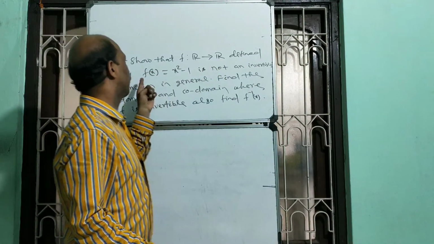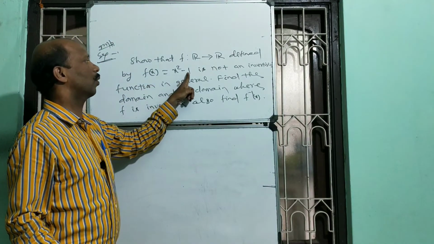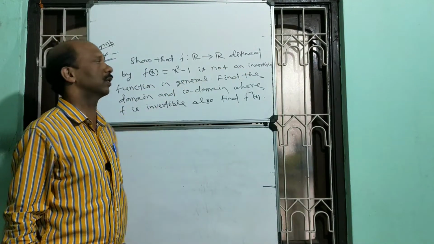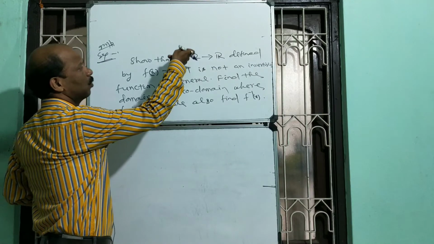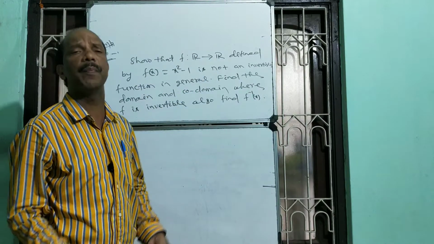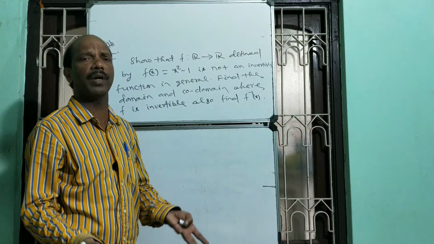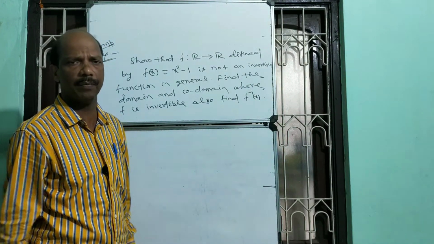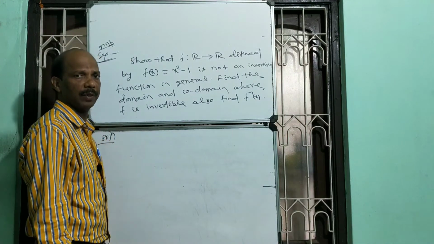Here the function defined by f of x is equal to x square minus 1 is not an invertible function. That means with respect to this domain and codomain, the function is not invertible. It may not be injective or may not be surjective.